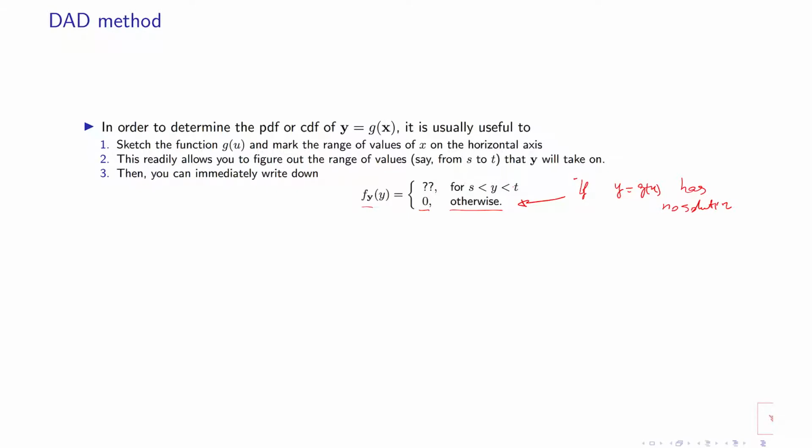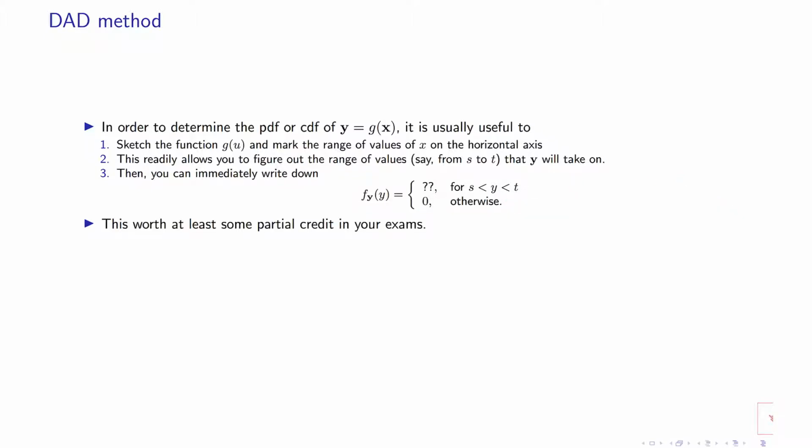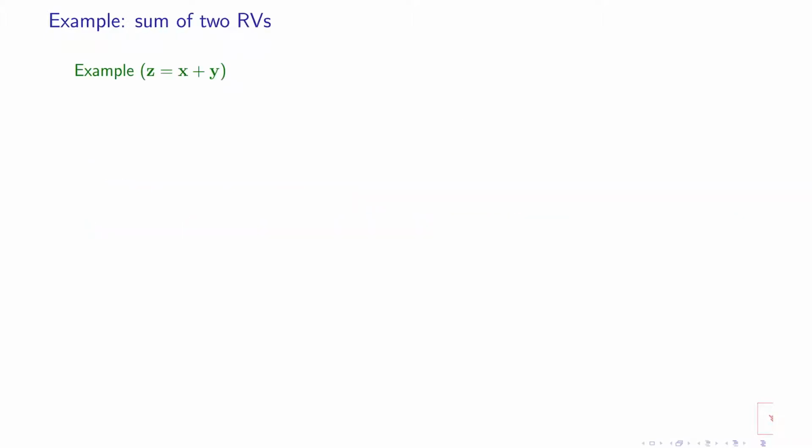The same thing applies here. So you could at least solve half of the problem, to say where the PDF is 0 and where it is non-zero. Let us have some examples, and we will follow the same route.